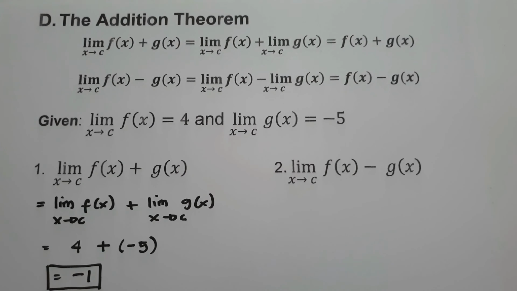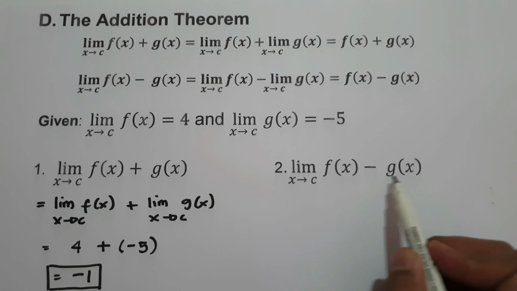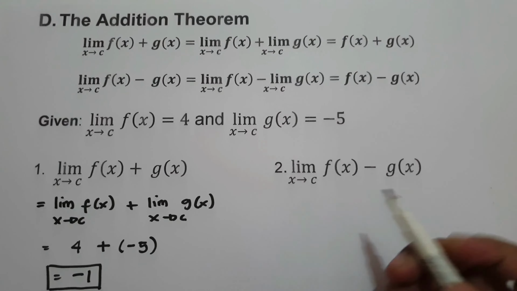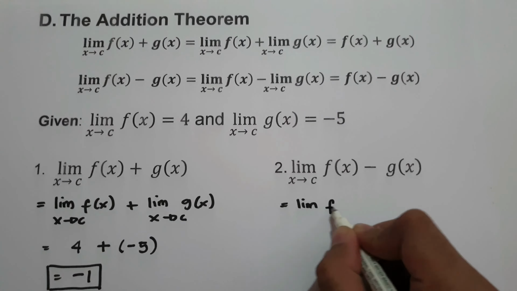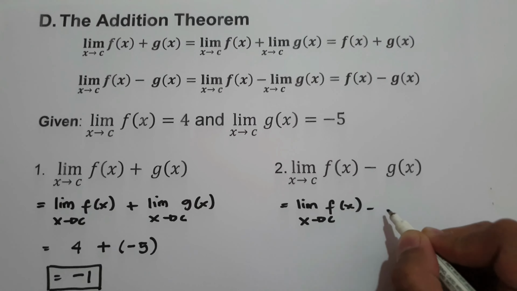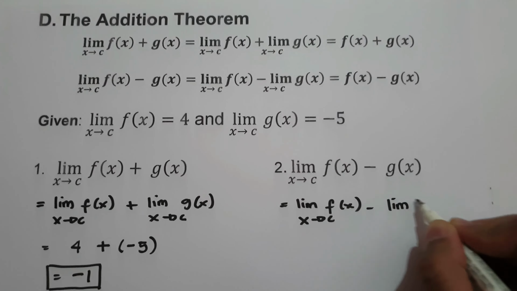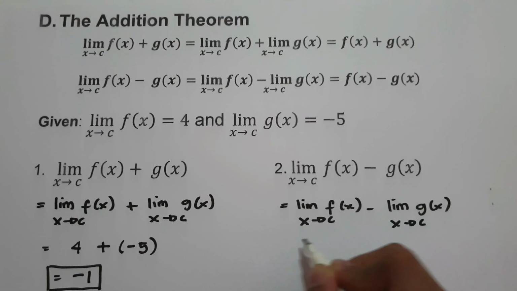On number 2, we have the limit of f of x minus g of x as x approaches c. So let us have here the limit of f of x as x approaches c minus the limit of g of x as x approaches c.